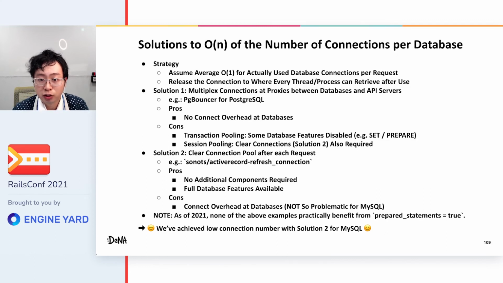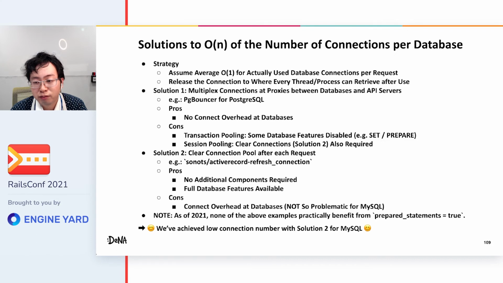The pro of this solution is there is no connect overhead at databases. However, there are cons. As for the transaction pooling, some database features are disabled, and regarding session pooling, clear connections are also required.